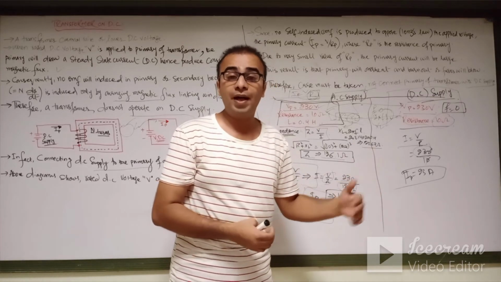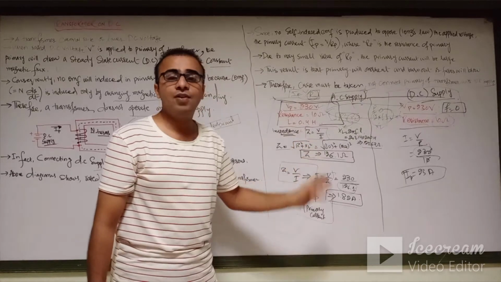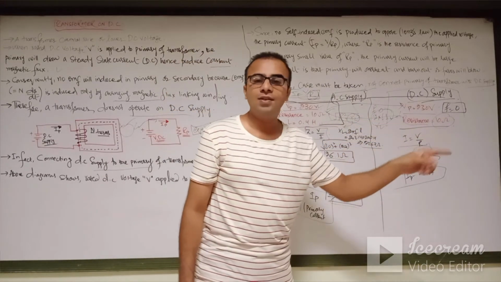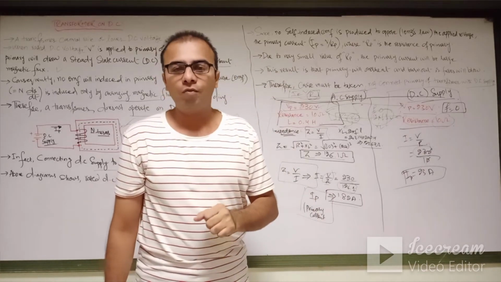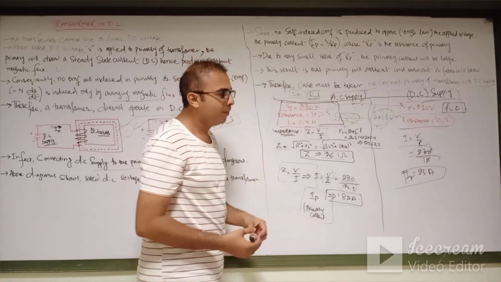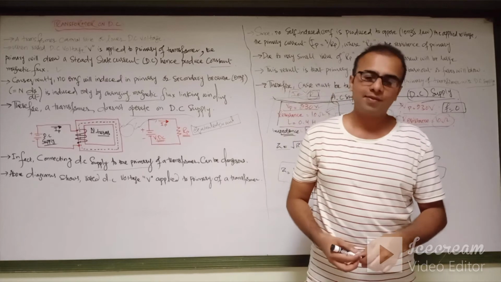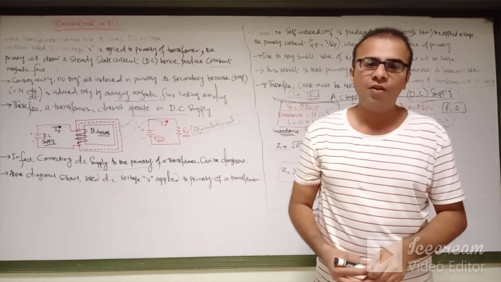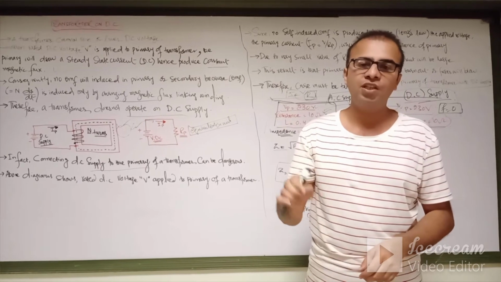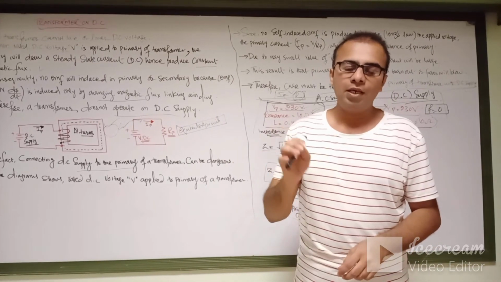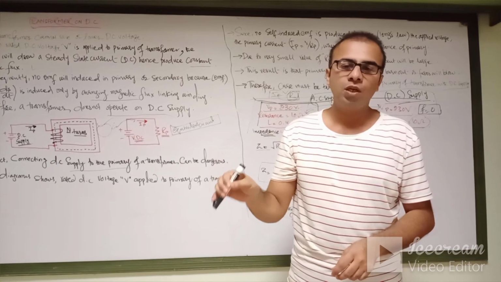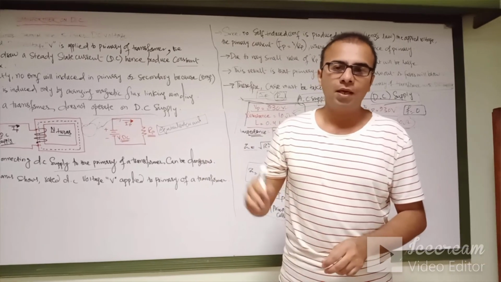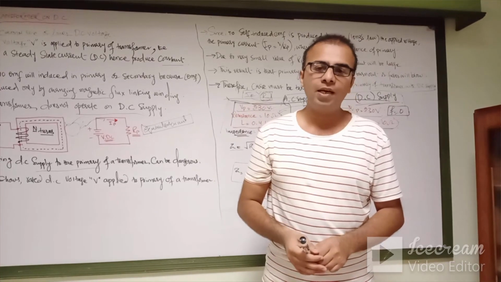So this was the comparative case of the AC supply connected with the transformer primary side and the DC supply connected with the primary winding. This was the lecture regarding the transformer when it is connected with the DC supply, because for the production of EMF, the flux should change with respect to time, according to Faraday's law of electromagnetic induction.